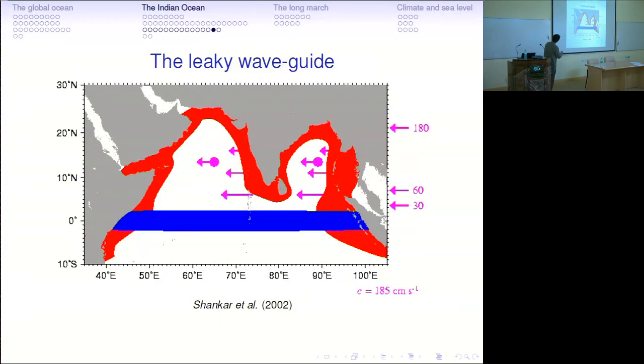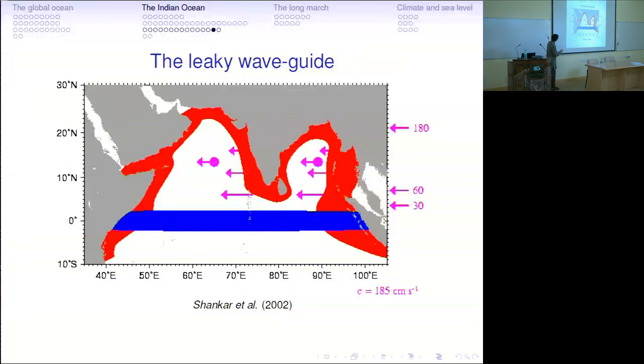You can also generate Rossby waves in the interior of the basin. When they hit the western boundary, after propagating westward across the basin, you have to reflect that cross-shore current. You have to cancel it. So you have to generate a reflected wave. The moment you do that, you generate a coastal Kelvin wave. So you have a wave guide at the equator, you have a wave guide on the coast, you have processes taking place in the interior of the basin, and they are all related.